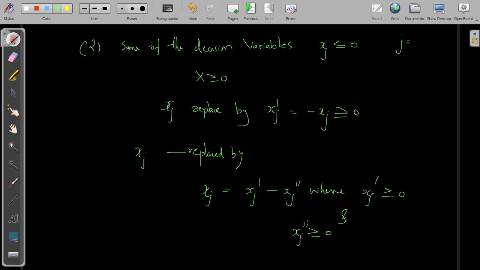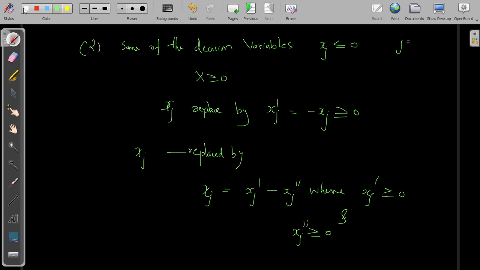And if xj dash equals xj double dash, then xj is 0. So it can take positive, negative or 0 values, right? So in such a situation, we will replace xj by xj dash minus xj double dash, where xj dash is greater than or equal to 0 and xj double dash is greater than or equal to 0.